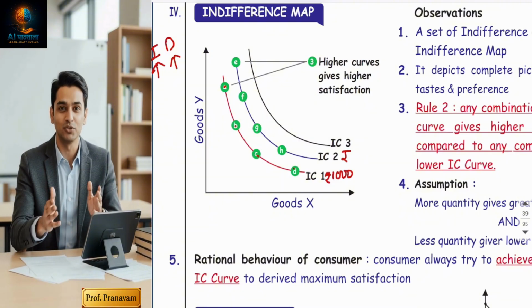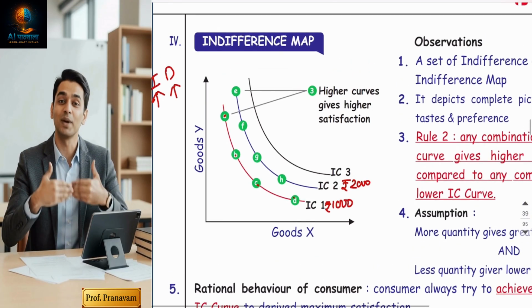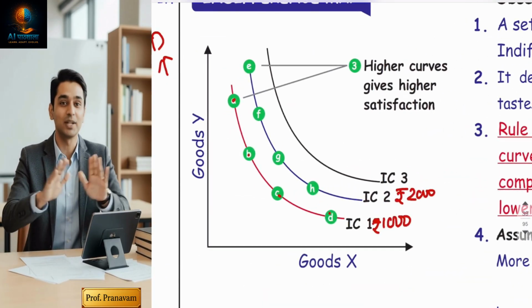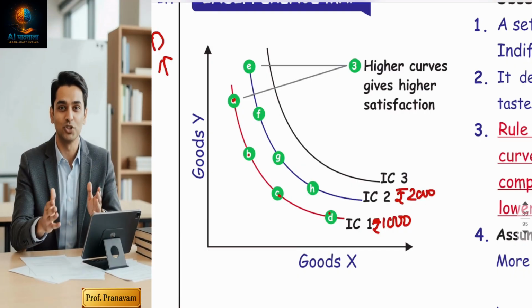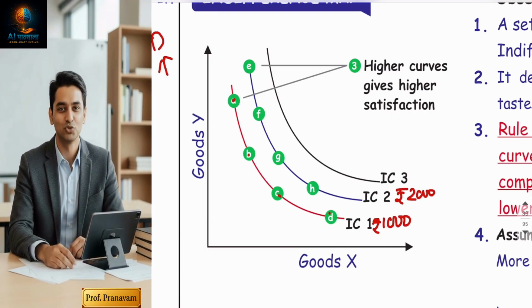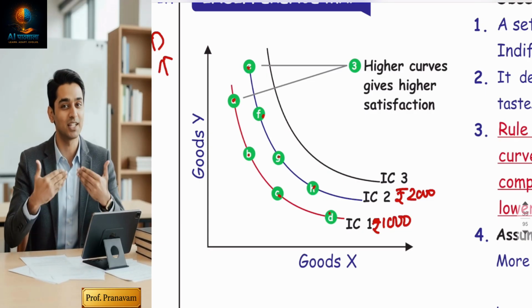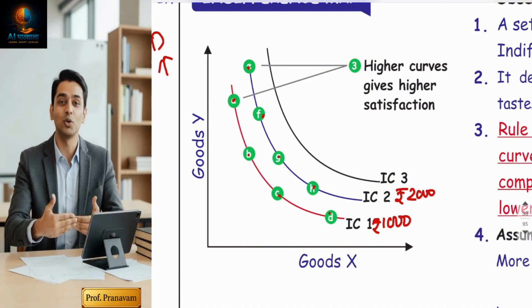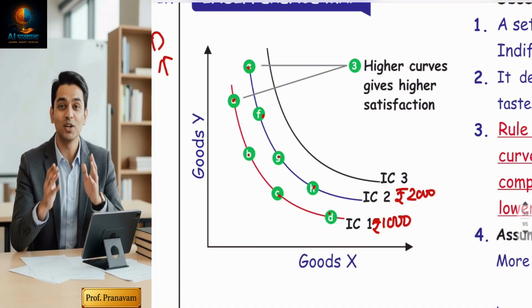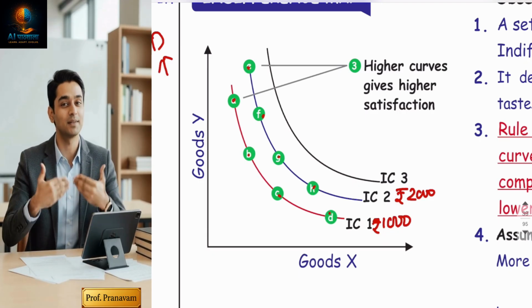Now, if my income further increases to 2,000, my demand will increase, so I'll have the IC2 curve. My combinations will also increase. For example, I want to buy more food and more clothes because my income has increased. So E, F, G, H, I'll be getting greater combinations with more quantity. E, F, G, H are on the same curve and will give you equal satisfaction as per rule number one.